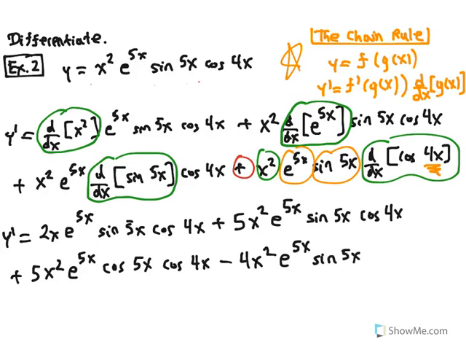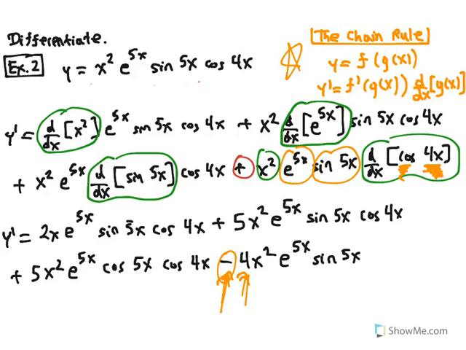and this 4, of course, came from the derivative of the inside function, as well as the factor of -1 from the derivative of the outside function, right? The derivative of cosine is negative sine, and the derivative of the inside function 4x is 4. So that's where I get the negative and the 4 from.